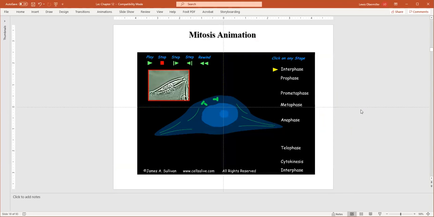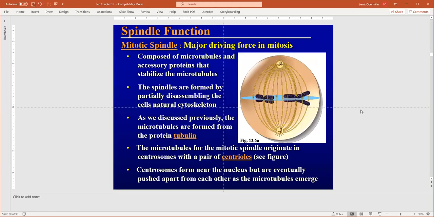All right, so let me dig up a YouTube video of this whole process and see if you can identify this. And then you also have a lab on identifying these.